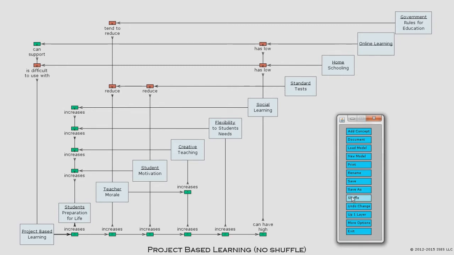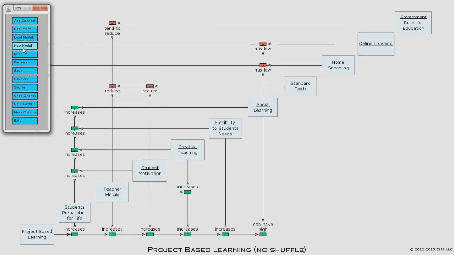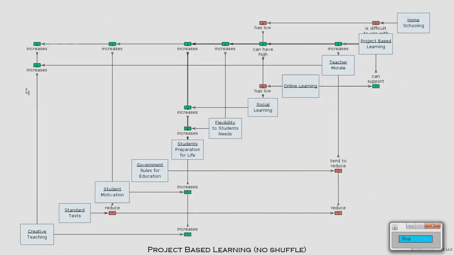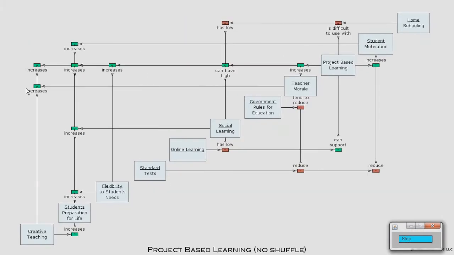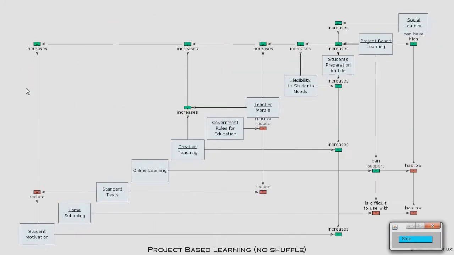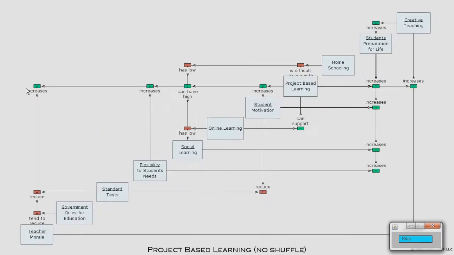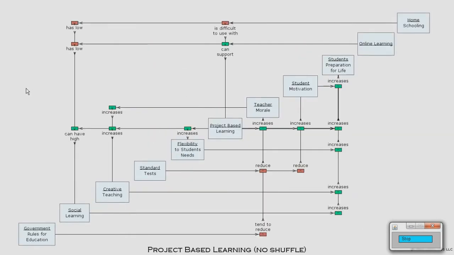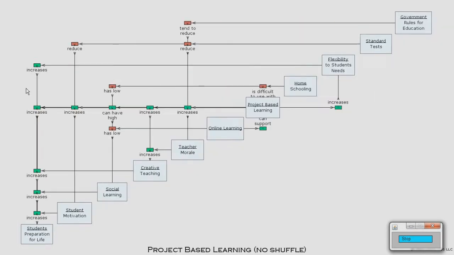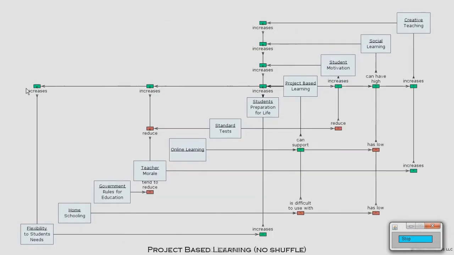Now I will click the shuffle button on the main user input window. And the shuffle will begin. Depending on your computer and model complexity, the shuffle can take a few seconds to a few minutes.